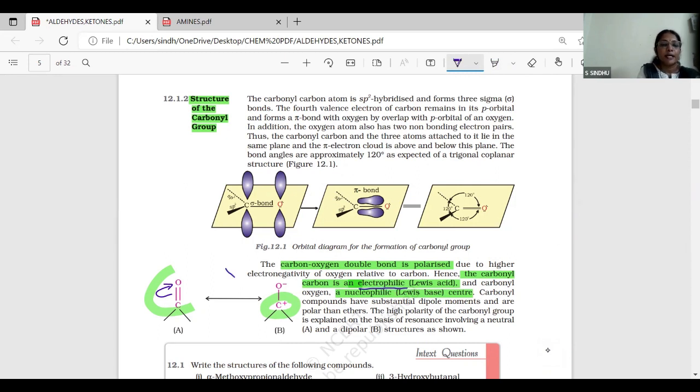So a nucleophile can easily attack that center. The rate determining step is where the nucleophile attacks the carbonyl carbon. That is why we call it nucleophilic addition, followed by the attack on oxygen. That's the first step, so we consider this as the rate determining step.